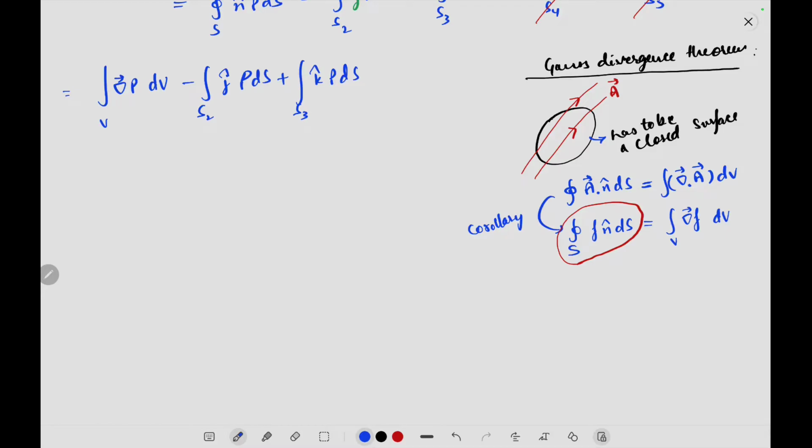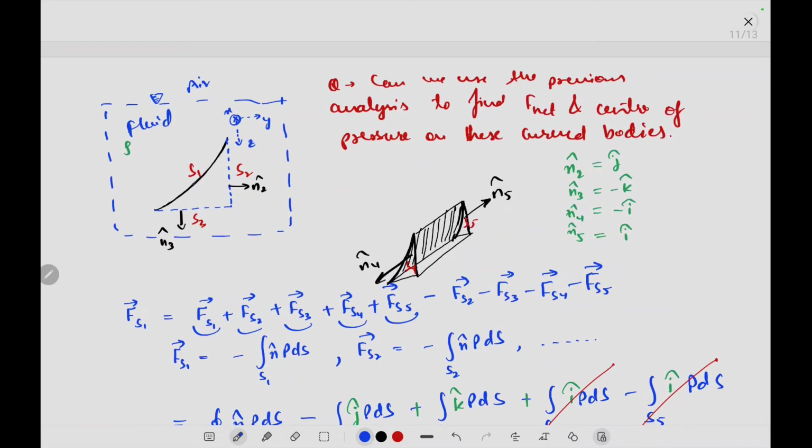So let's briefly see what we have done till here. We wanted to find the force on this curved object.